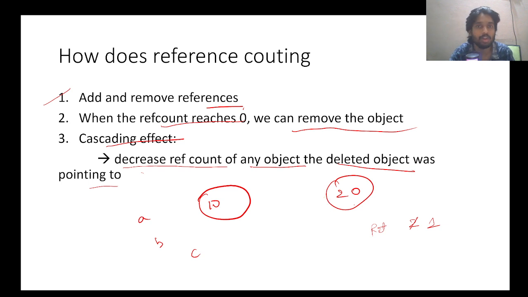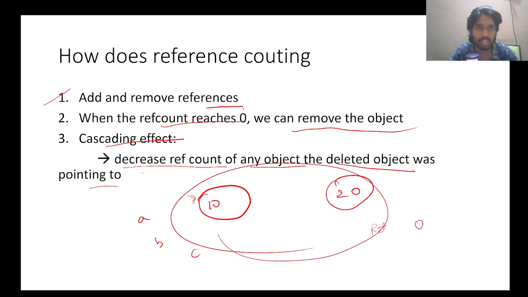It depends on how many references this 20 has. If it has more, then even though we decrease here, it won't make any effect. But if it only has this one, then when we delete this, this will also get deleted, and both of these objects will get deleted from the memory because these objects are of no use.